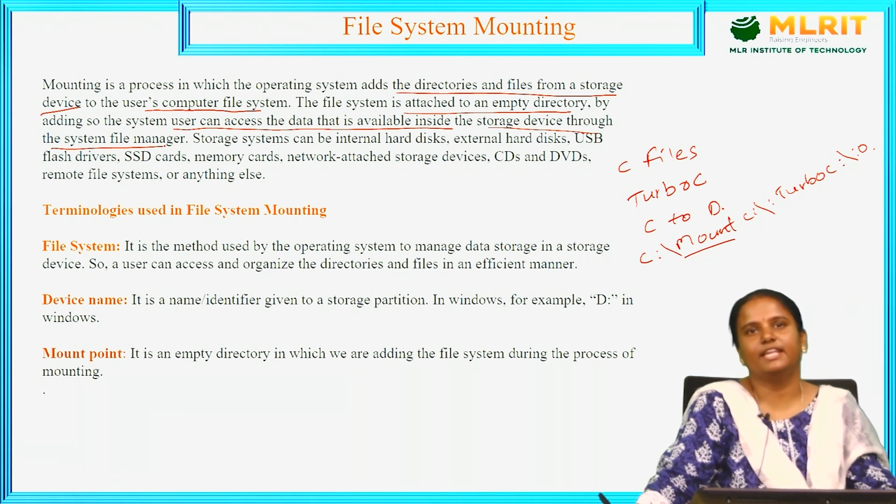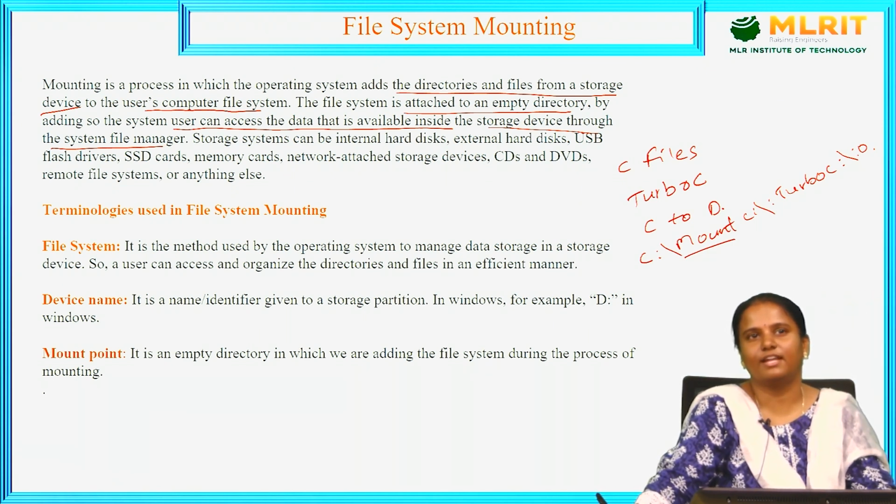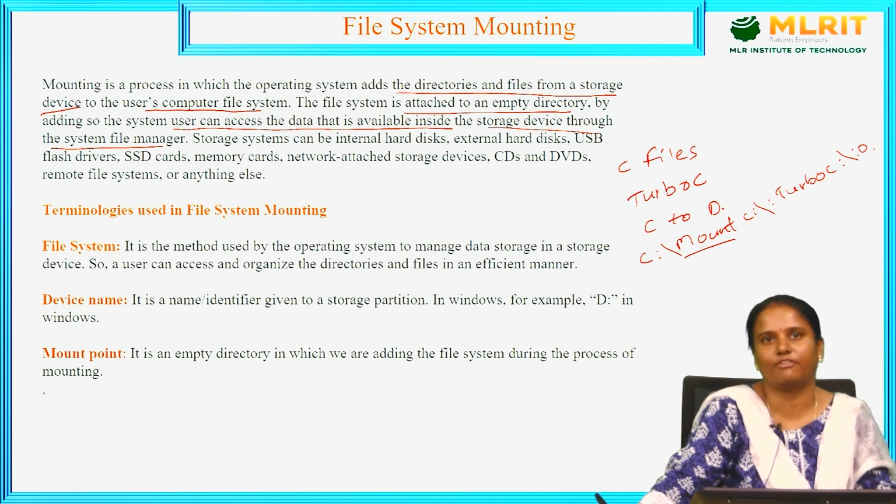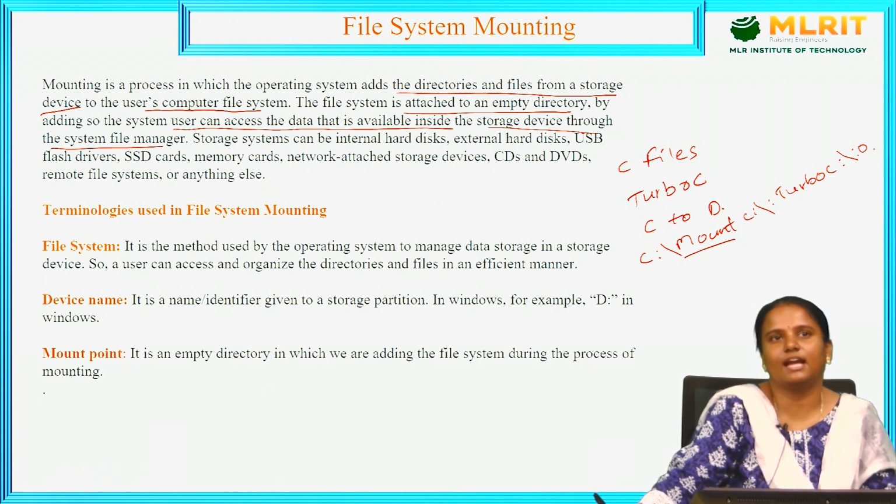Suppose the folder D drive consists of some C program files. In those C program files, whatever we want to execute or update, we need to take that file system from the file manager to update the access permissions like read, write and execute permissions for the required files.